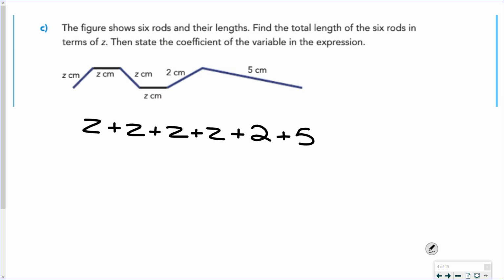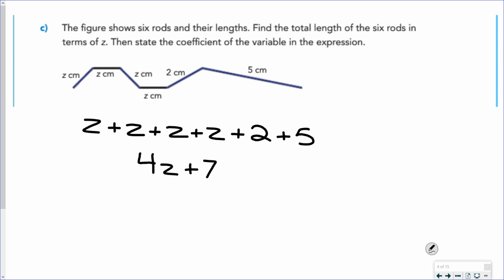So we will not be able to combine everything because the 2 and the 5 do not have z's. But we could take the 4 z's and put them together to get 4z. Then we would do 2 plus 5, which is 7. That's as far as we can go because the 7 does not have a z.